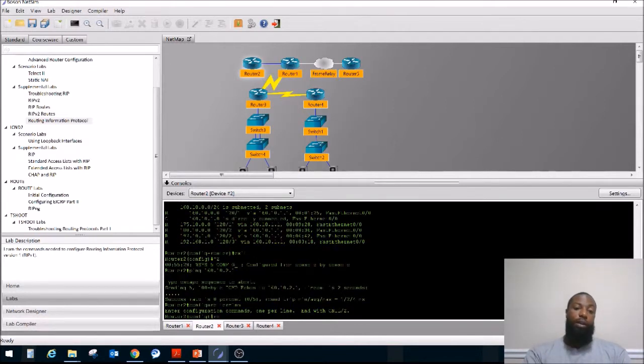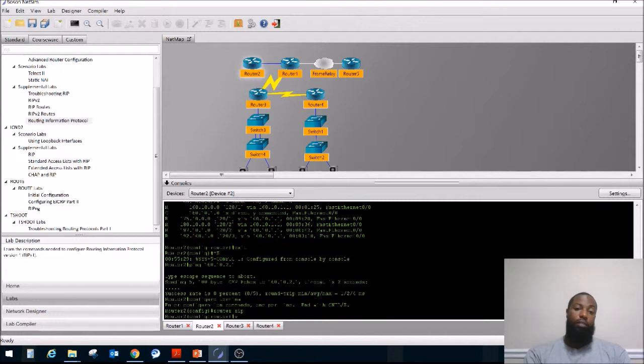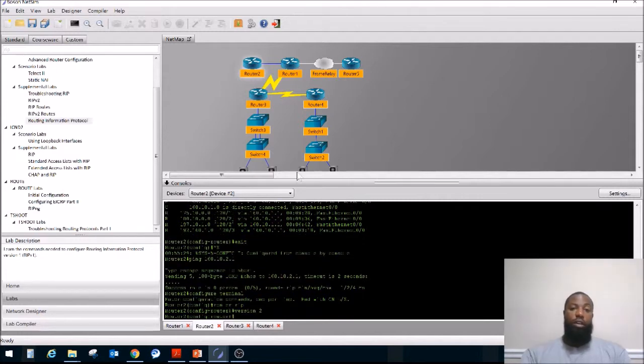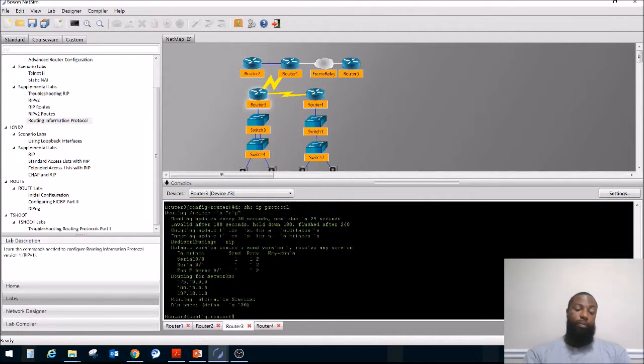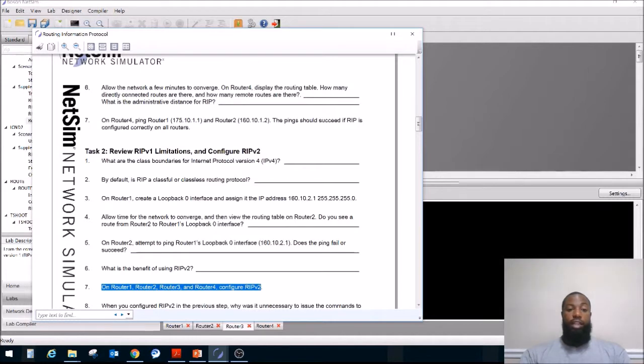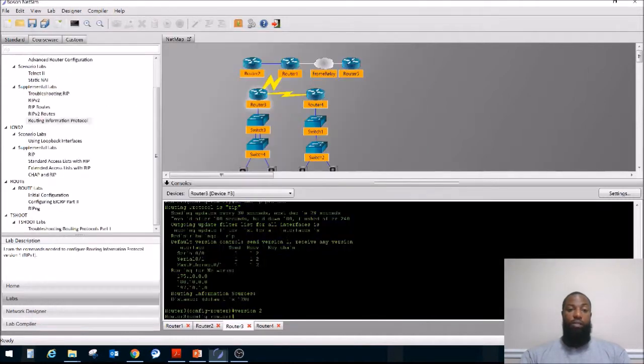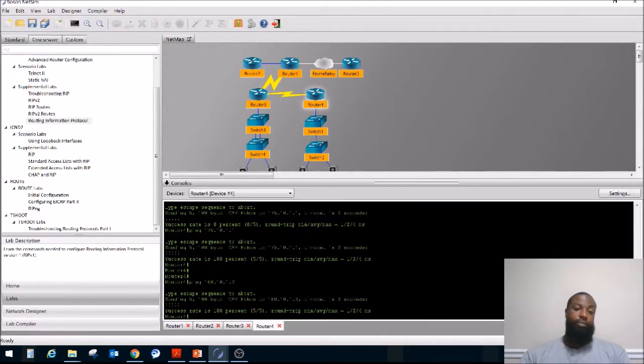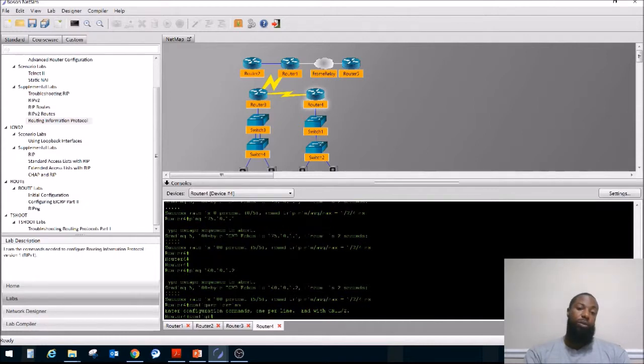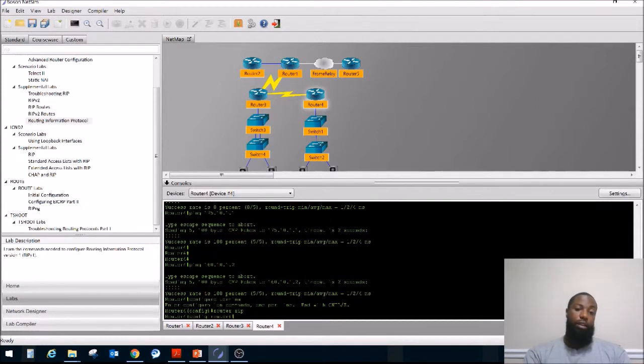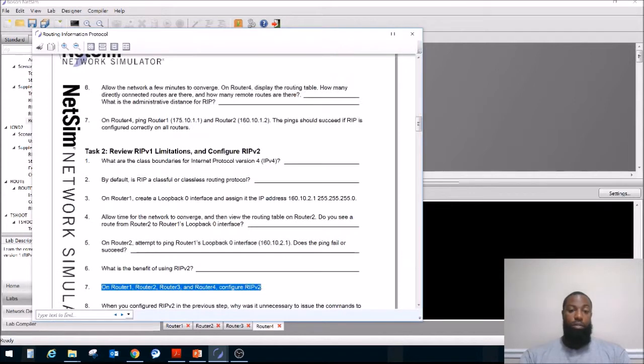Configure terminal, router rip, version 2. Same thing with router 3. We are already in routing config mode and do just version 2. And then router 4, we do the same thing. Global config mode, router rip, version 2.